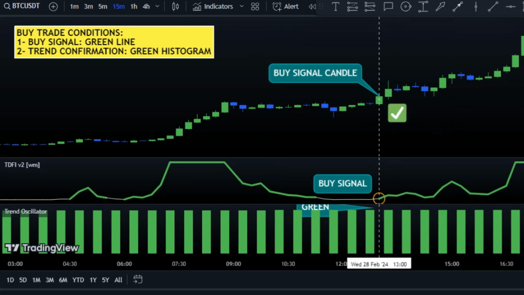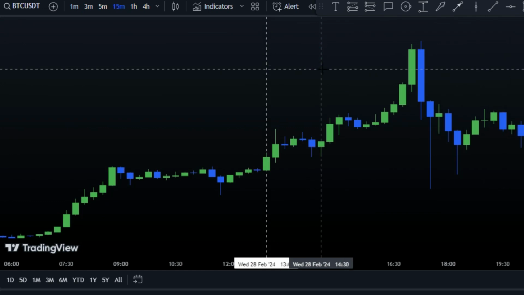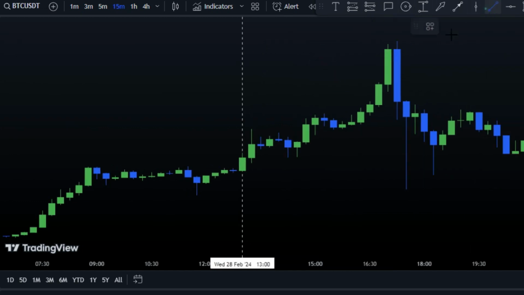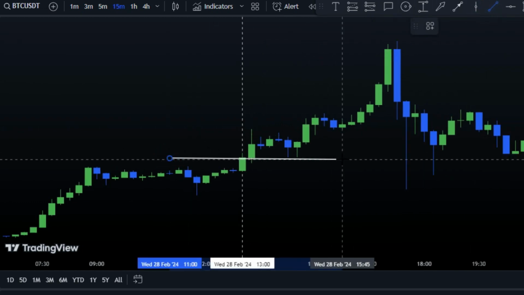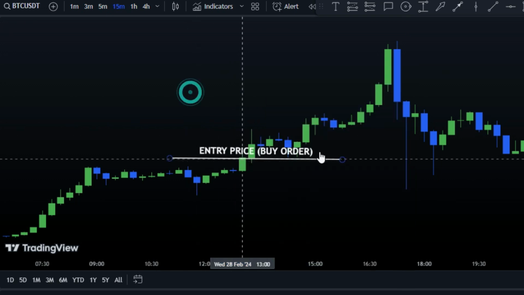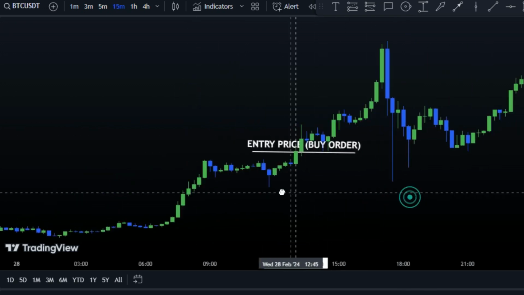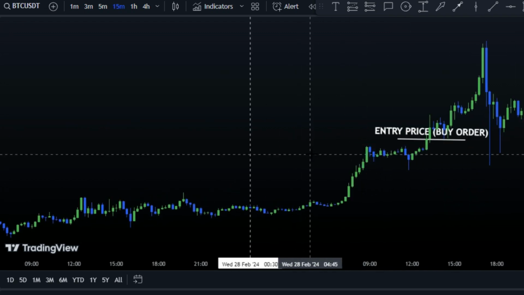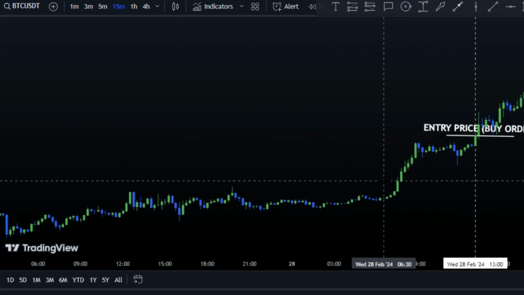So once both conditions are met, confidently enter a buy trade. And to manage risk, set a stop loss at the most recent swing low.